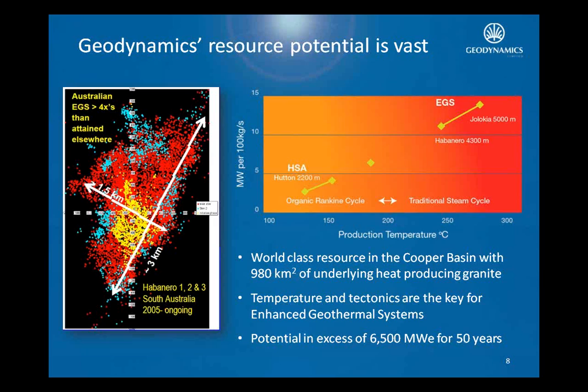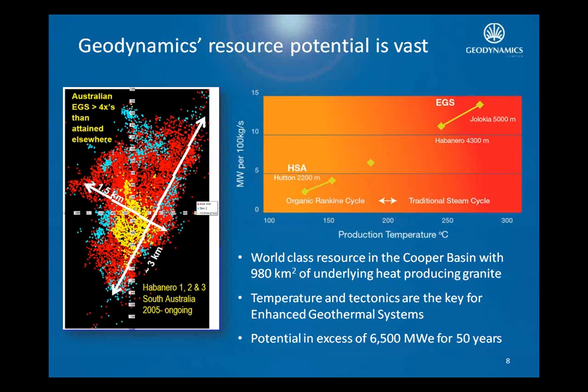On the left-hand side, this picture gives you a seismic array of a hydraulically stimulated fracture zone that we achieved within Habanero. Habanero is the name of a chile. It's the location of our main drilling site in the Cooper Basin.